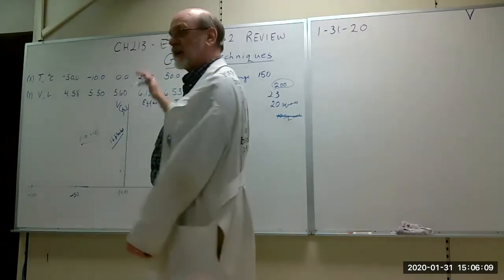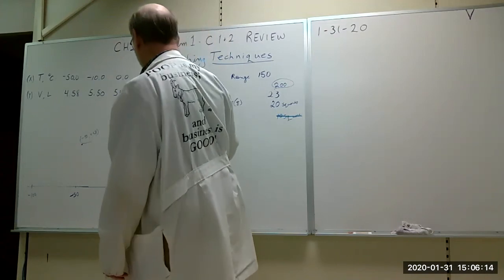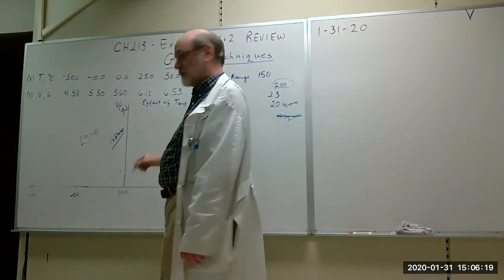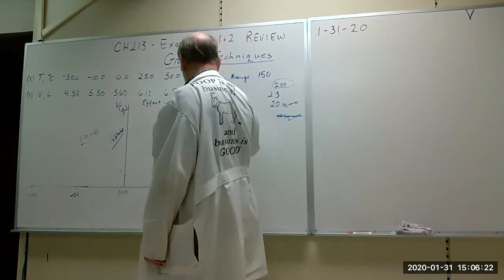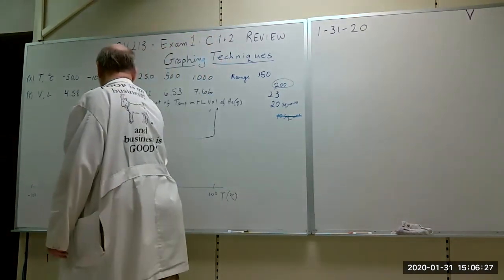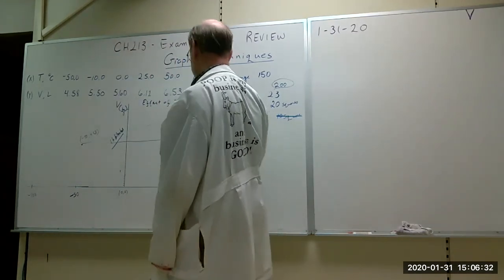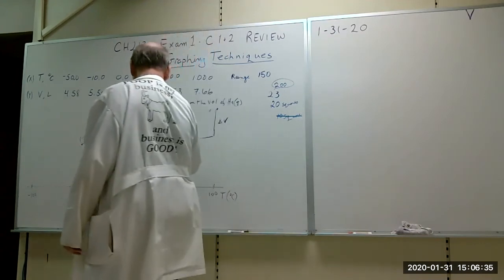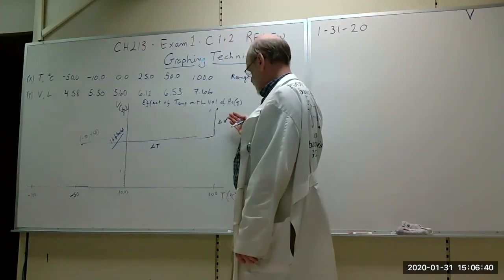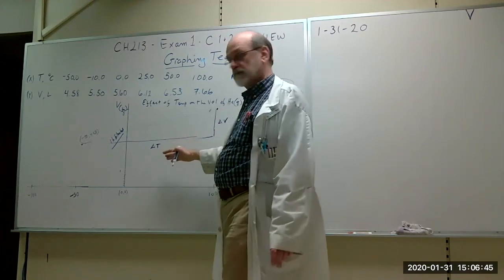So we can use those 2 data points directly. We don't have to read them off the graph. So what would the rise be? It would be a change in Y, or a change in volume. So this is the rise, delta V, change in volume. And this is delta T, change in temperature, is the run. So this is change in Y divided by change in X, change in V divided by change in T.